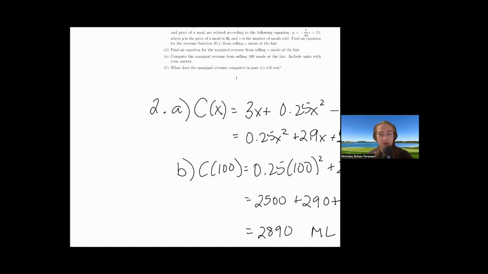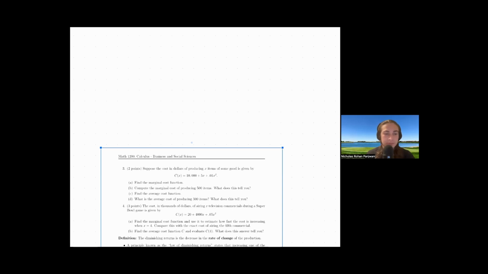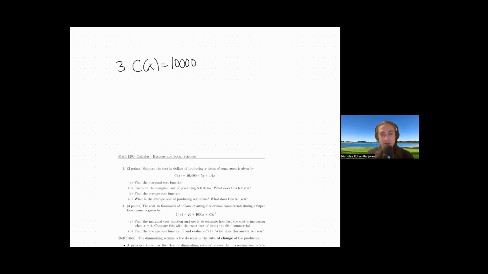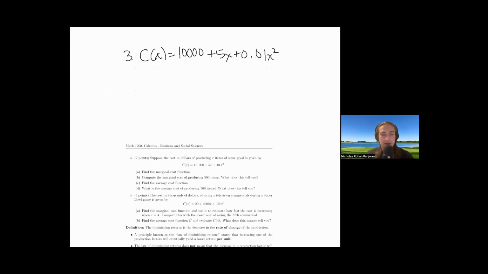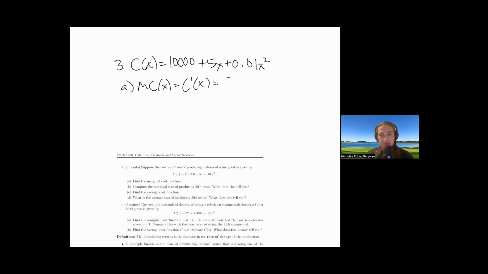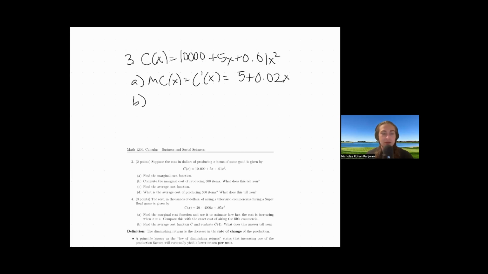Okay, let's move on. C of x is equal to 10,000 plus 5x plus 0.01x squared. Marginal cost, same deal as marginal revenue, where it's C prime of x. Done. Marginal cost of producing 500.